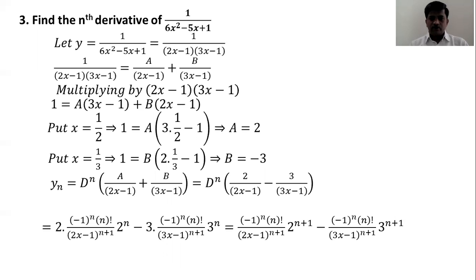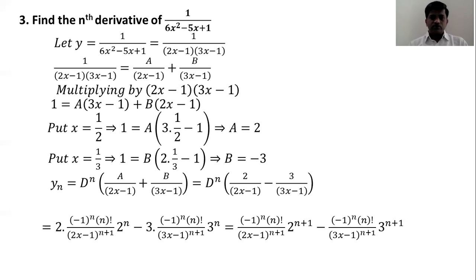Minus 3 times the nth derivative of the second term 1 by (3x − 1), which is (−1)ⁿ n! divided by (3x − 1)ⁿ⁺¹ into 3ⁿ.